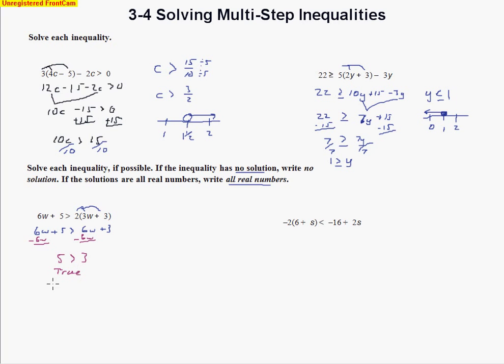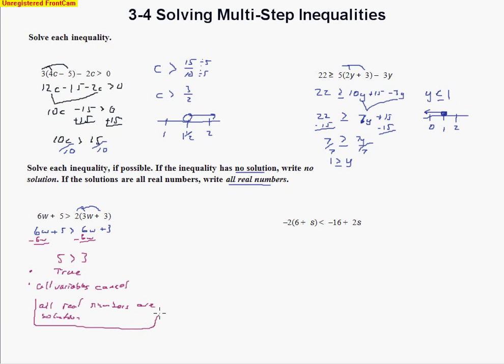So it's only when all variables cancel, and we have a true statement, that we would say we have all real numbers are solutions. So that would be the case there.